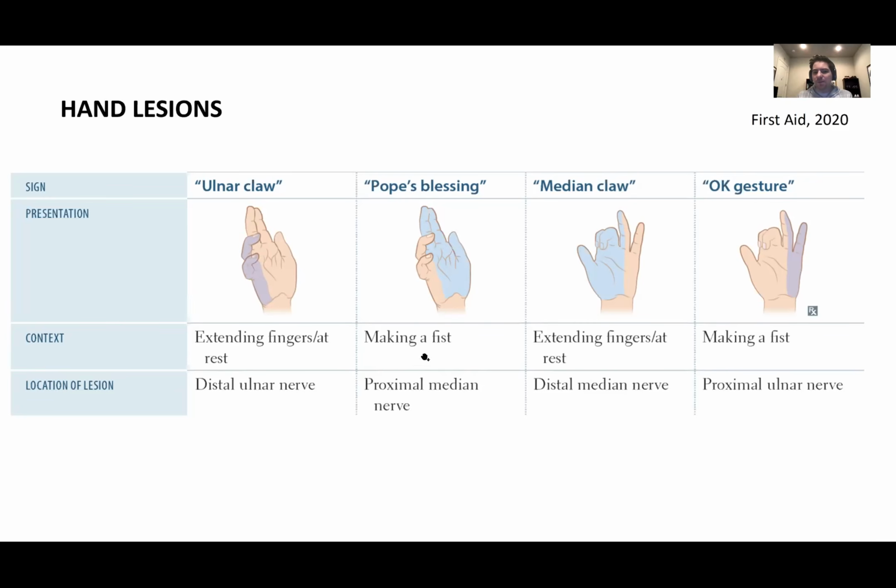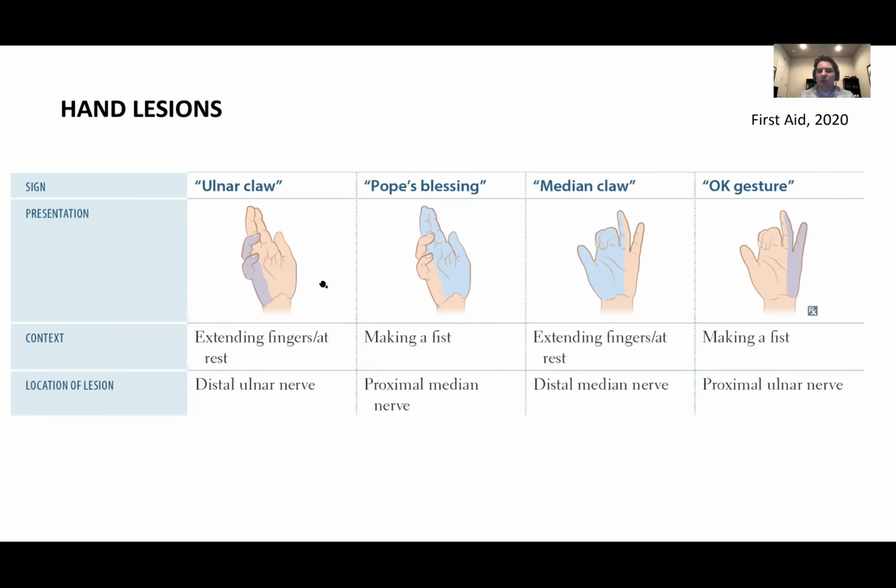But you have to ask yourself, is the patient trying to make a fist, or is the patient trying to extend their fingers, right? Either way, they're affected. But in a general sense, what they're going to ask you is when the patient tries to make a fist. So with this Pope's blessing, if the patient tries to make a fist, the thumb, the index finger, and the middle finger, so digits 1, 2, and 3, are affected, so you can't flex them.